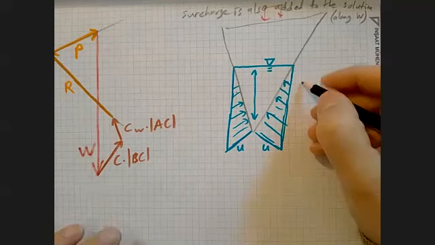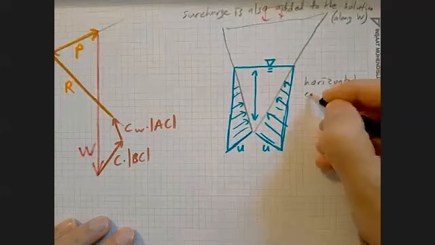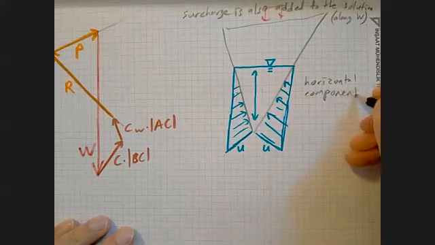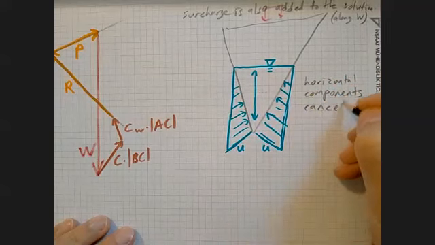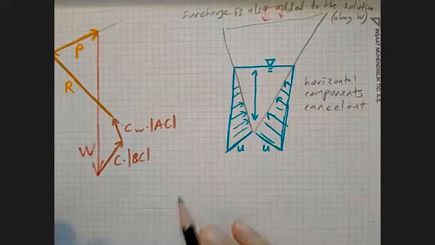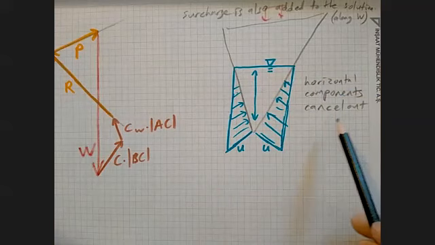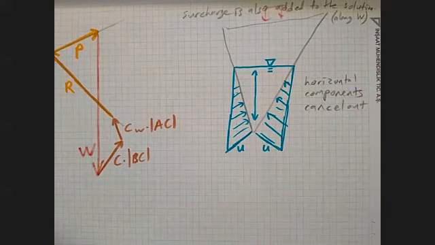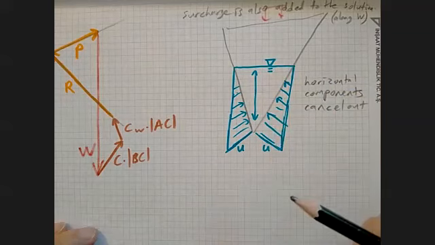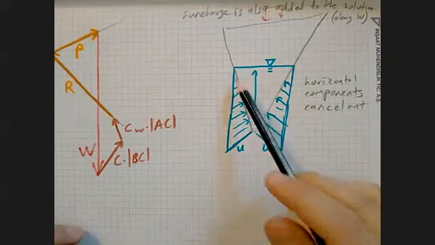So the horizontal components can always cancel out. Horizontal components of all the pressures on the surface of any water container will always cancel out because the water is just sitting there. So you only have vertical components left. And the vertical components are in equilibrium with what? They're in equilibrium with the weight of the water.